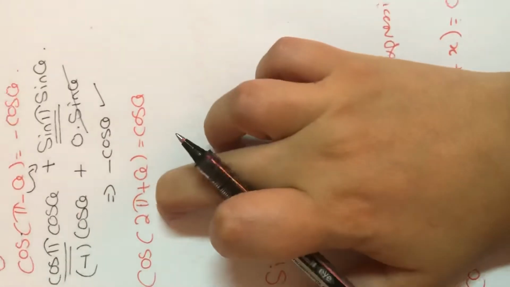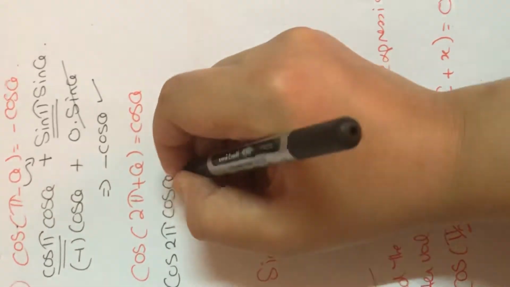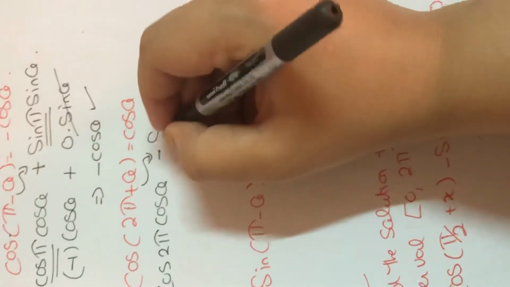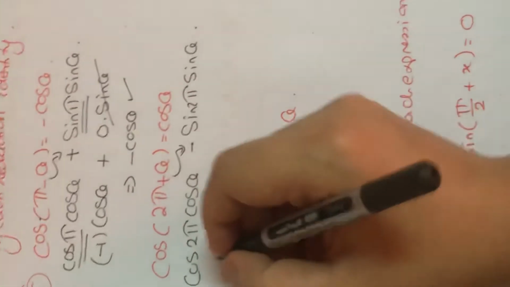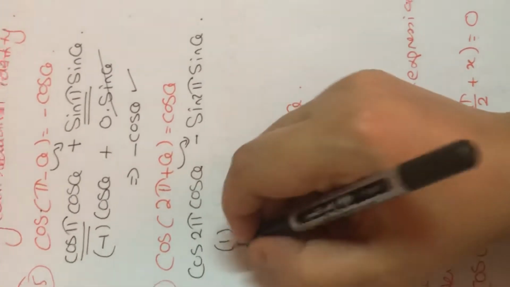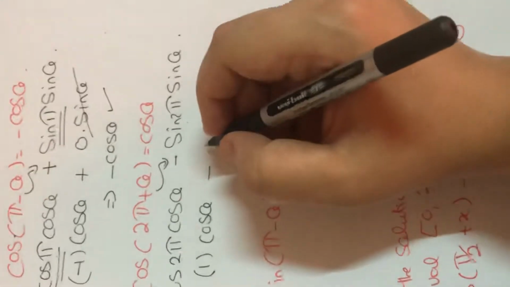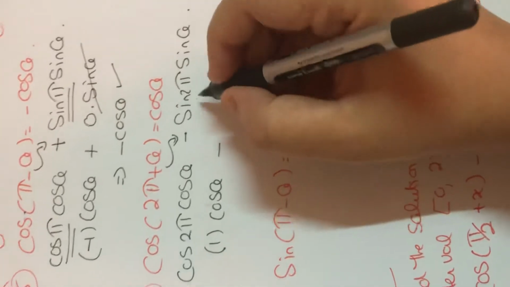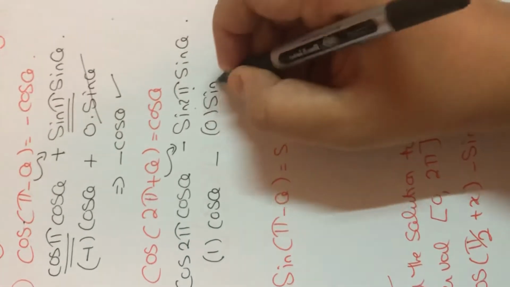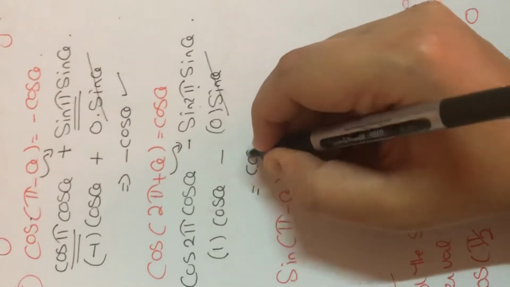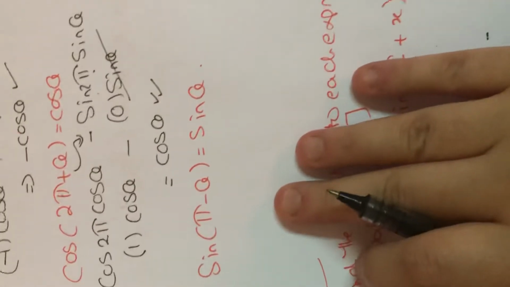This is sum of cosines. So cosine 2 pi cosine theta, the opposite sign, sine 2 pi sine theta. Cosine at 360 is 1 times cosine theta. Sine at 360, so 0 times sine theta, it's gone. You ended up with cosine theta. Regarding this one, it's sine.